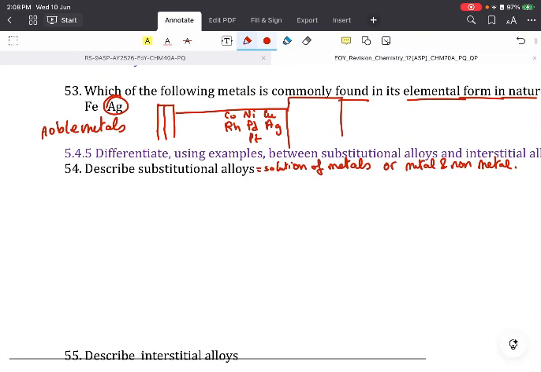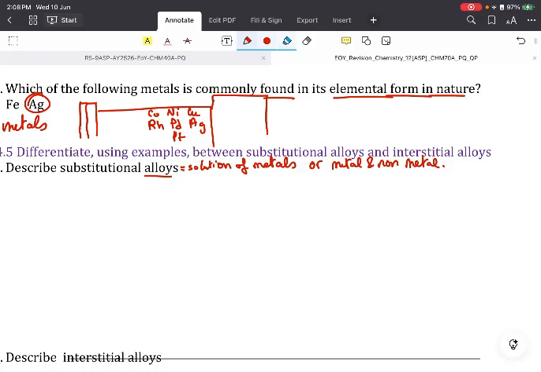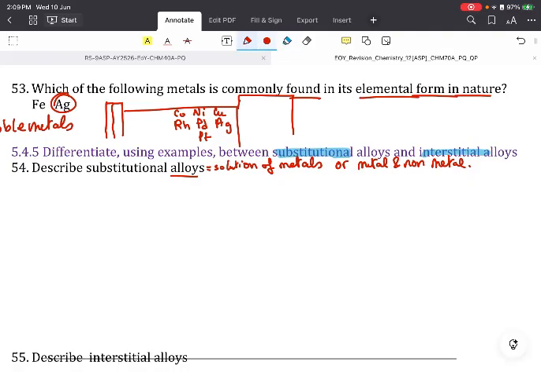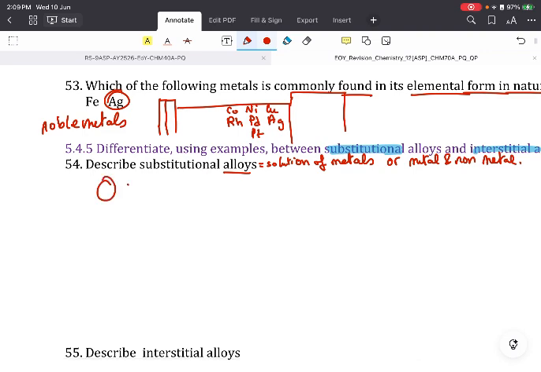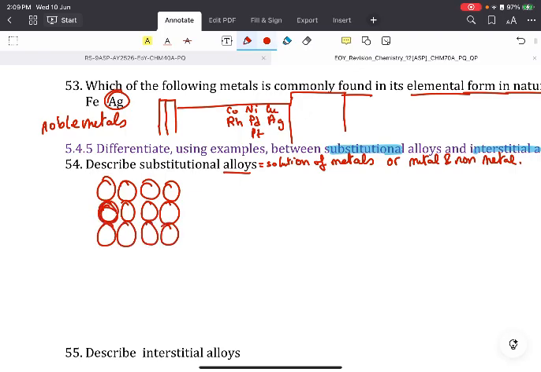I have 2 types of alloy: the interstitial alloy and the substitutional alloy. First of all, I'm going to draw a pure metal. So here's a pure metal. Let's say all of these elements are copper.